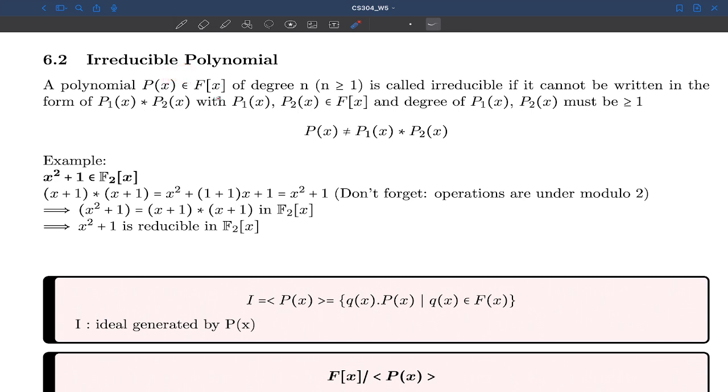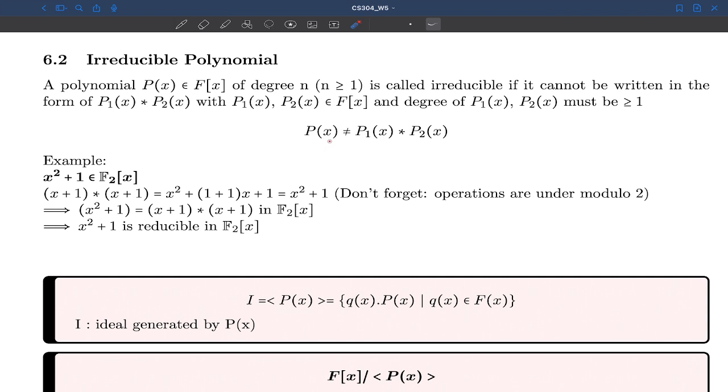That will be a reducible polynomial. So here I have defined that mathematically: if you take p1(x) and p2(x), two polynomials, and I am unable to find any p1 and p2 whose product is equal to p(x), then that will be my irreducible polynomial.